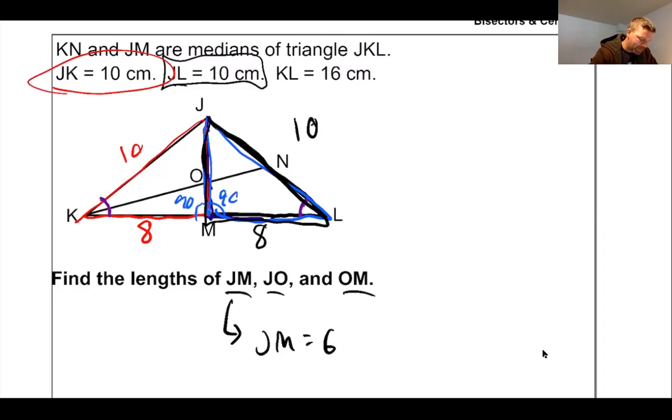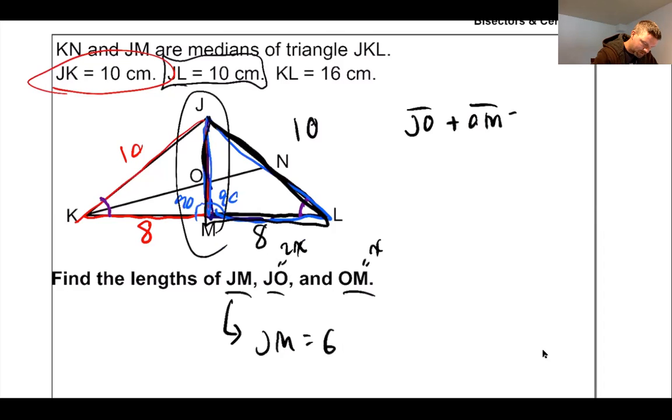Since I know JM, I can find JO and OM because they split in a 2-to-1 ratio. So let's call OM X, which means JO would be 2X. And if I take JO and add OM, that's the length of JM.